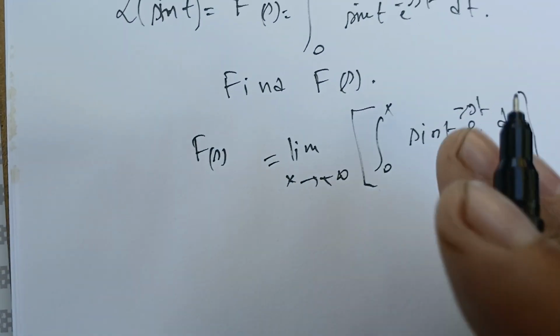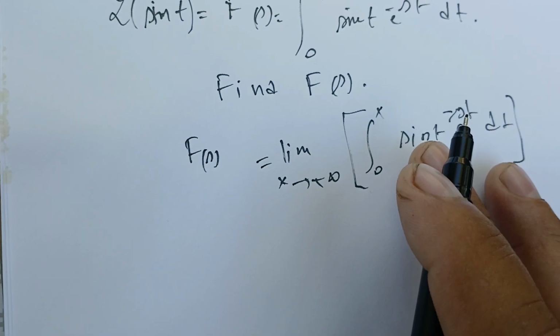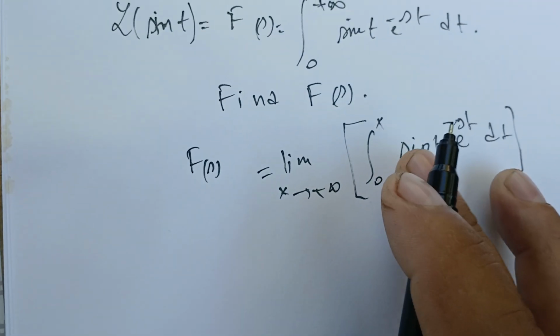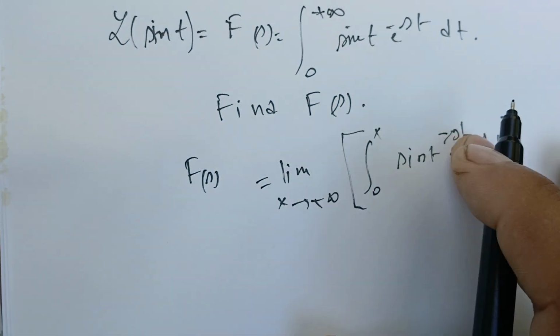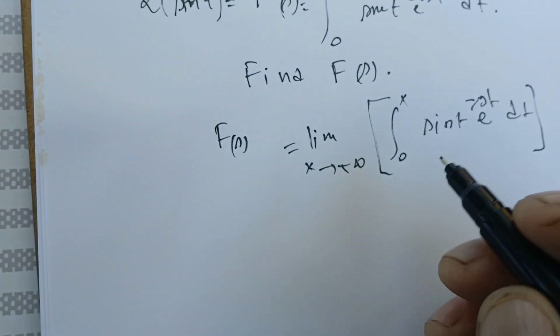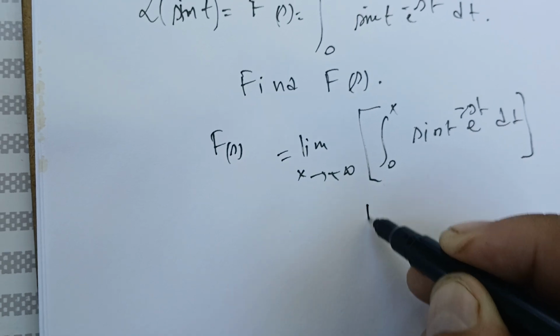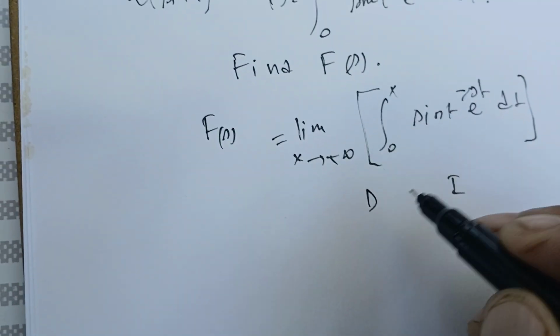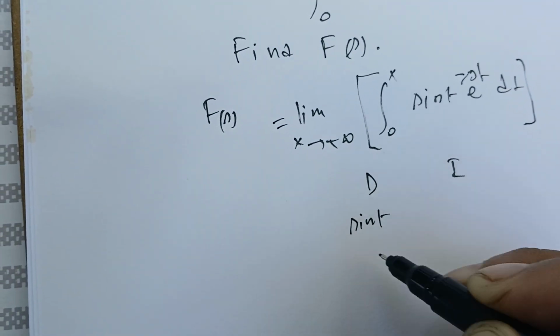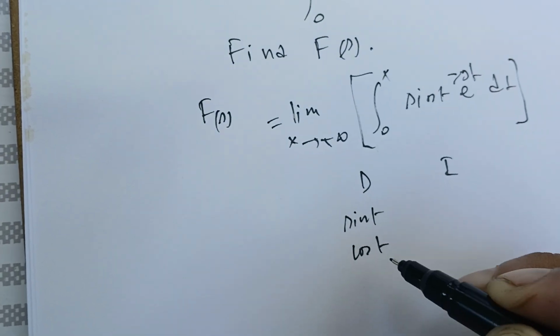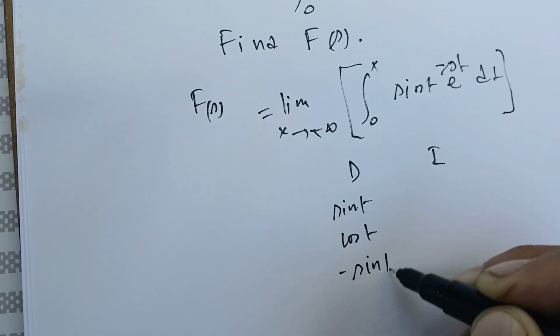The technique is that we will differentiate the sine and integrate the exponential. We differentiate the sine, we get cosine t and minus sine t.